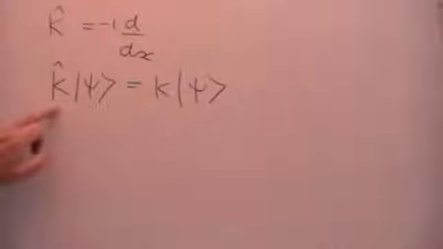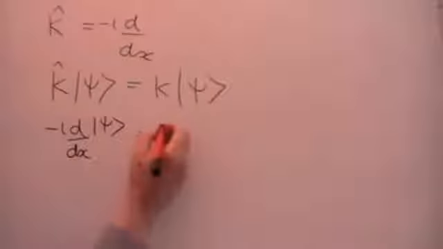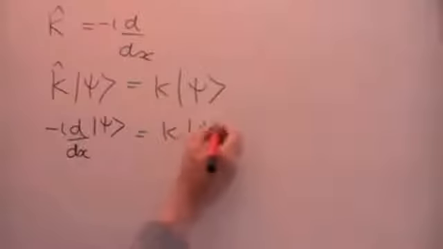And you can tell the difference because the eigenvalue is k, the operator is K hat. So that means that K, which is minus i d by dx, acting on psi, is going to equal k psi, because I've just replaced the operator by what it actually is.